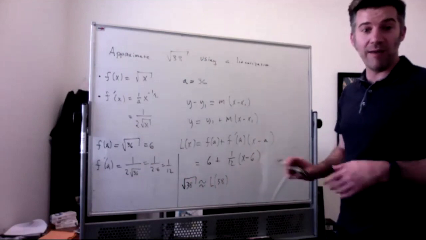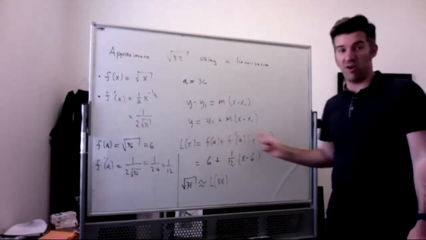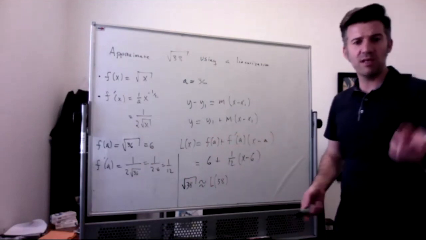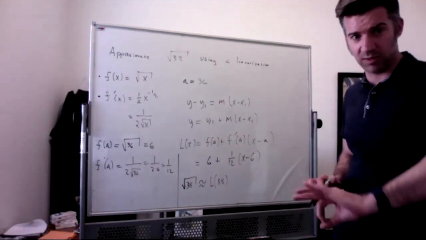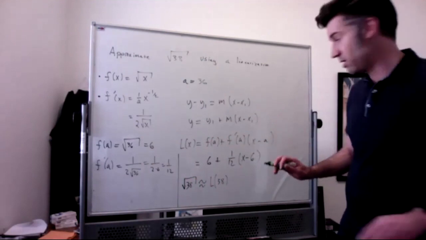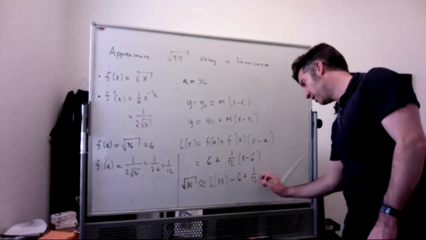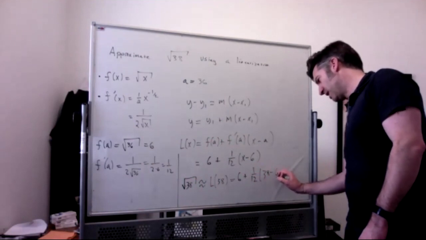I've made this mistake twice now, and I apologize for it both times. I made an error here. In fact, let me carry through the problem before anyone tells me what the error is. Hopefully you guys can see what error I made. So I'm going to get 6 plus 1/12 times 38 minus 6.